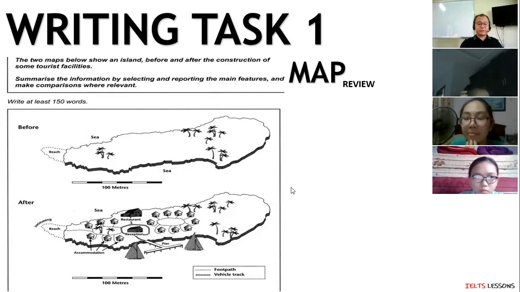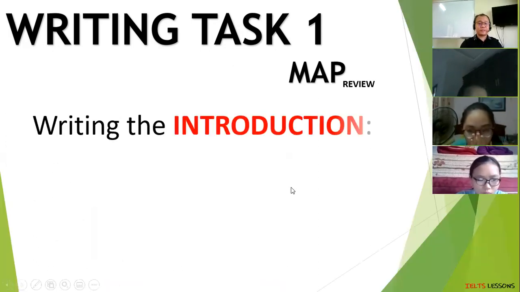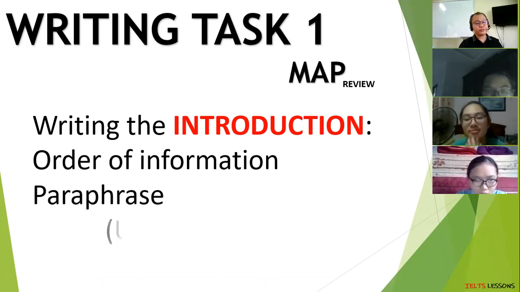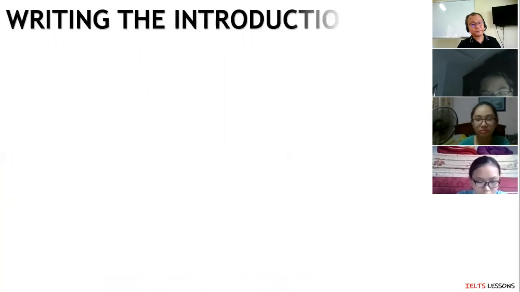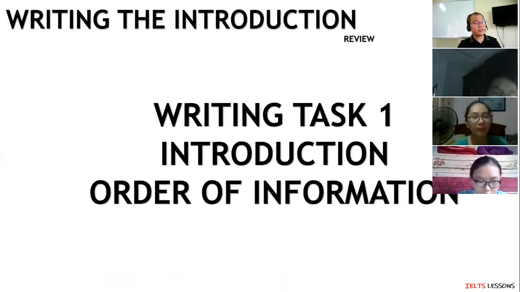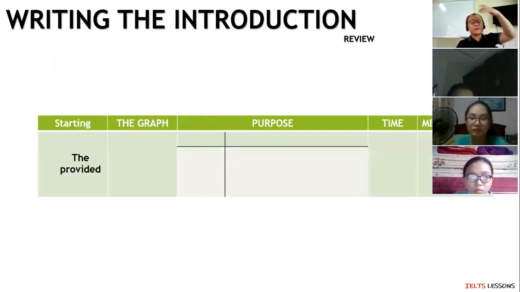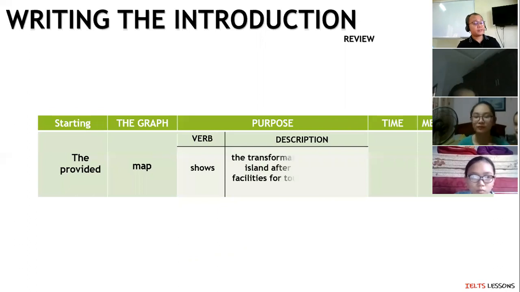So the first thing that we need to do here is write the introduction. I think that's very easy because what we need to do is simply follow the order of information and paraphrase, right? We have learned this, writing the introduction, in our previous lessons. The order of information starts with the graph, the purpose, the time, and measurement.